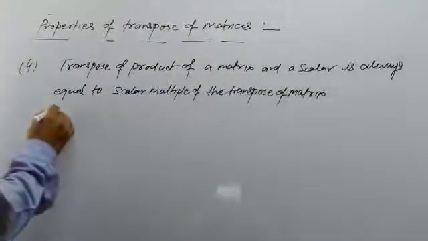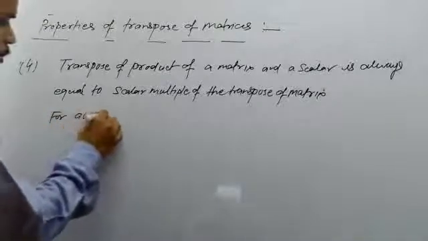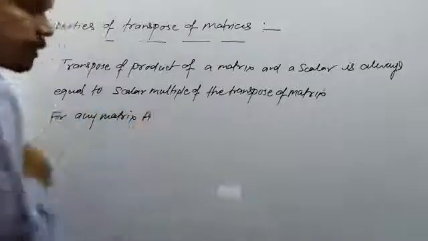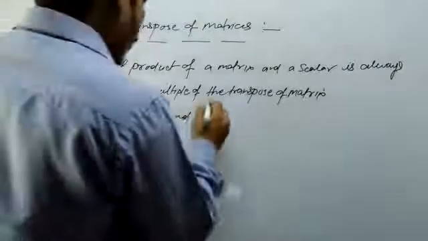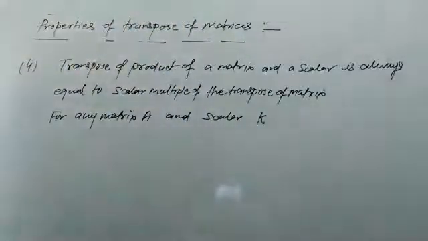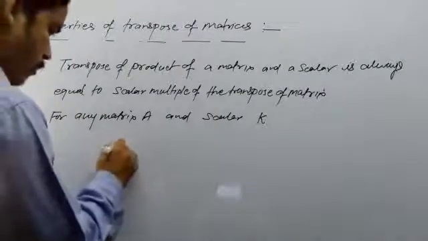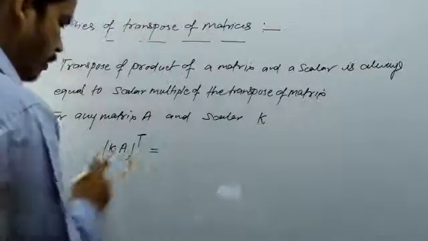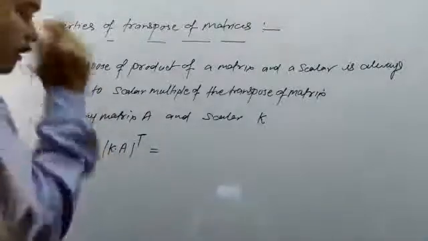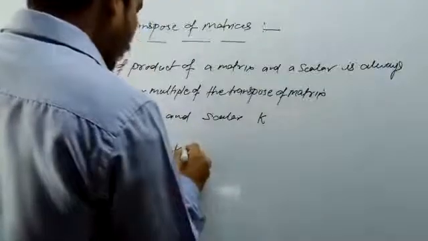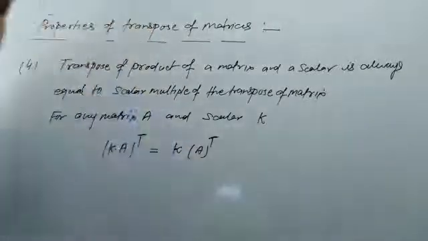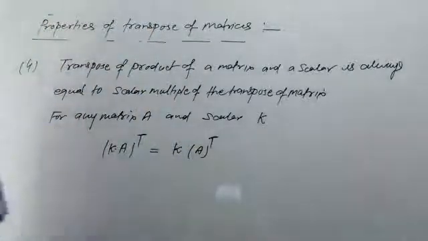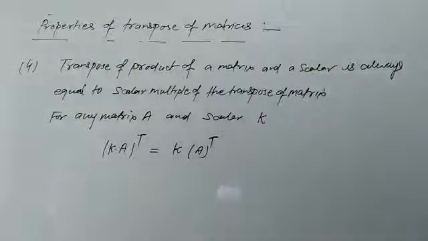So for any matrix A and scalar K, the transpose of K times A, the transpose of a scalar and a matrix, is always equal to the scalar multiple of their transpose. These are the four properties.